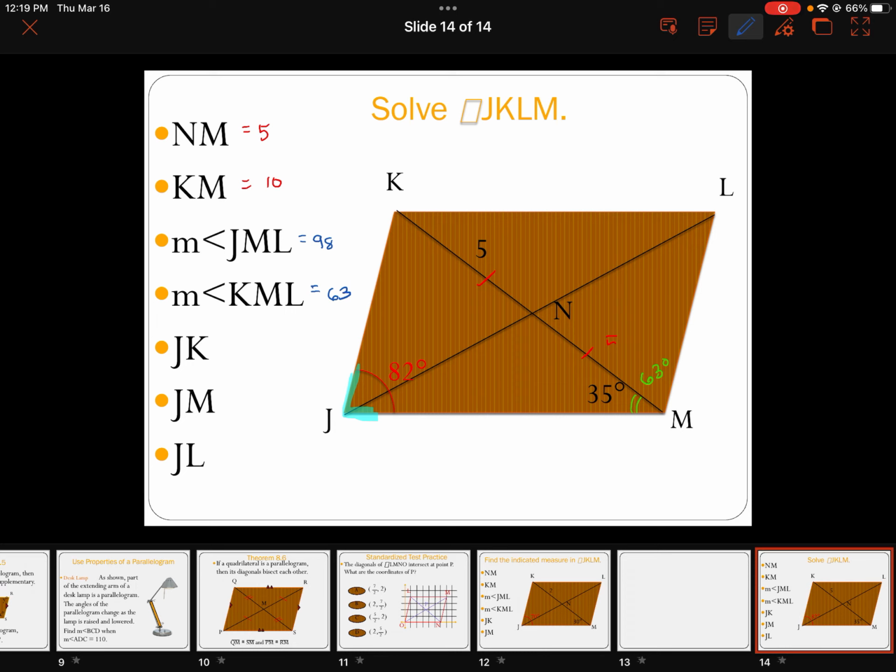J to K, how far would that be? Well, we don't know the right side, so we're not going to be able to figure out the left side. But what we do have is a triangle that looks like this.